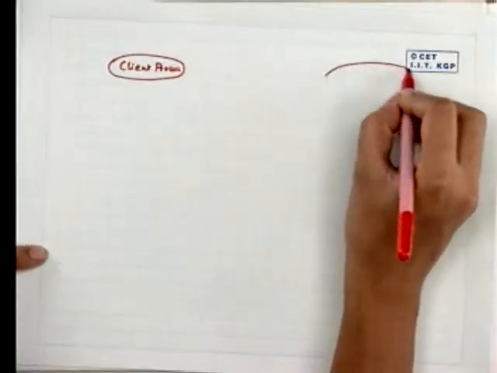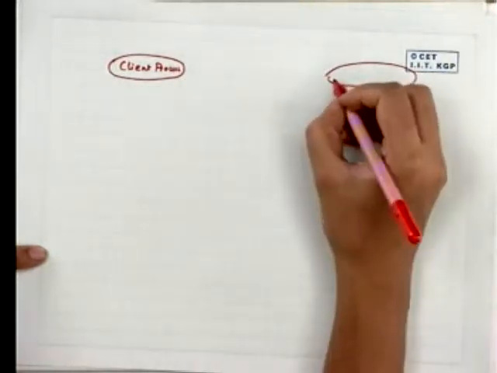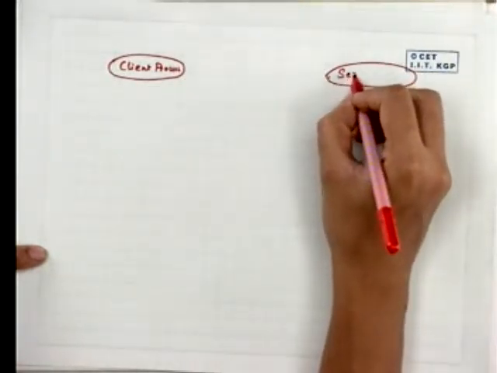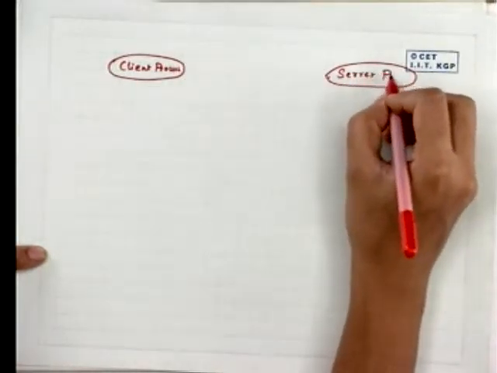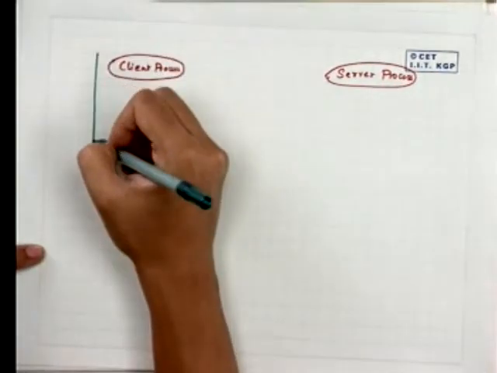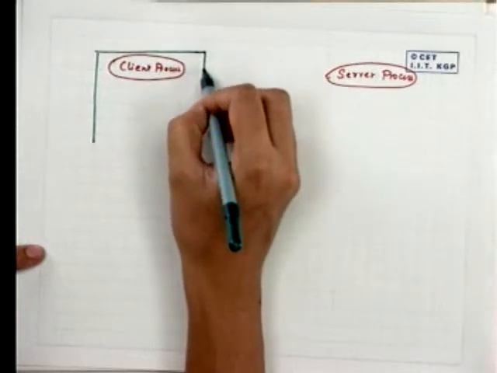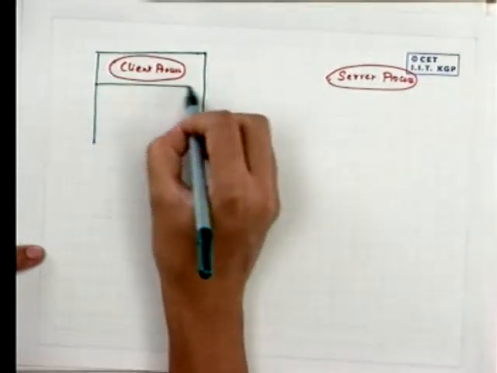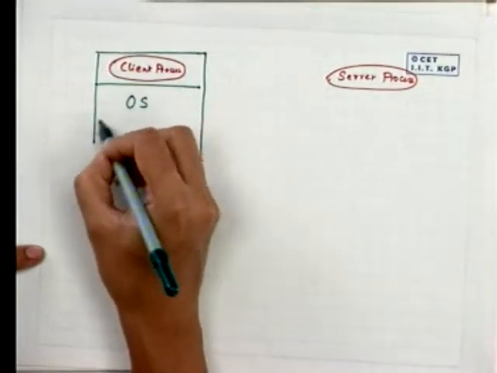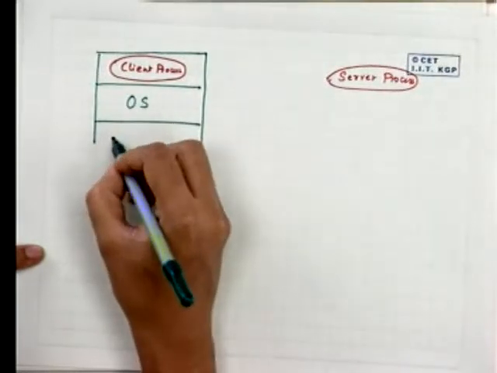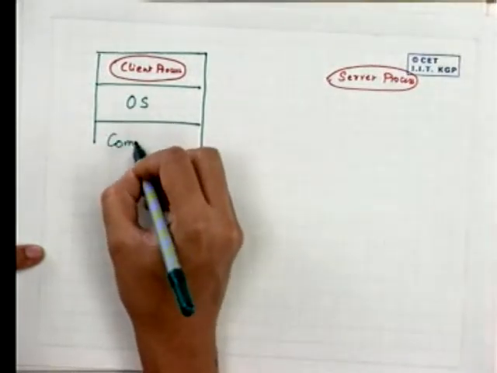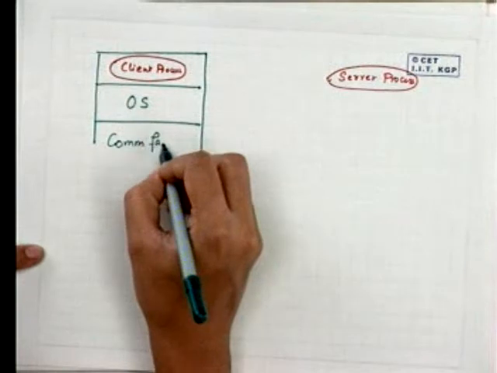So this is what takes place in reality. This is the client process here, and this is the server process here. And we have a three-layer system here. So the client process is on top of the operating system, and below the operating system is the communication facility.